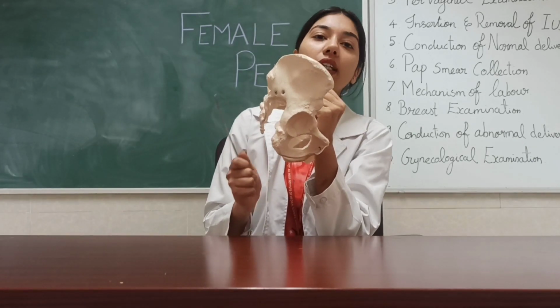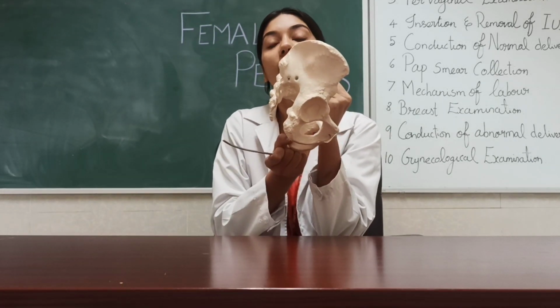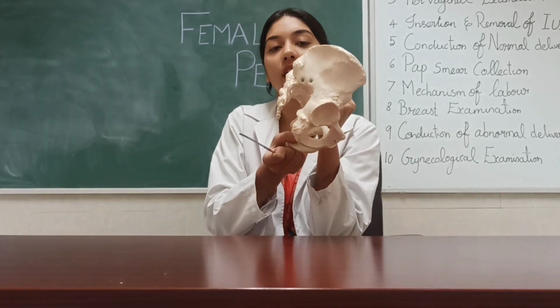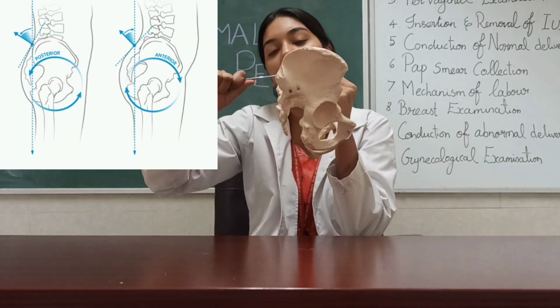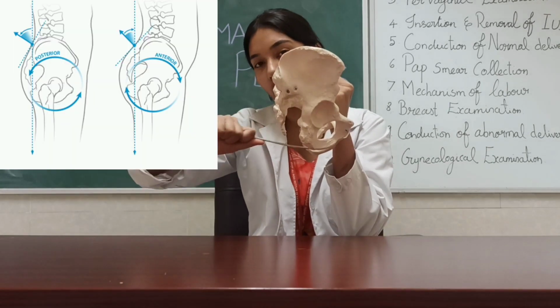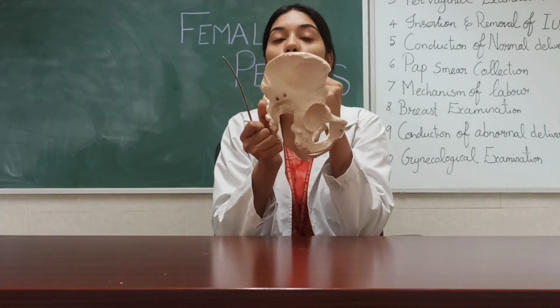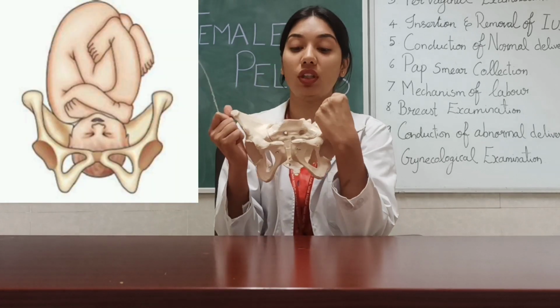So it has an obstetrical significance. Why am I telling you this? Because if the angle of inclination is high, what does that mean? The pelvis will be tilted like this, and if we make an angle from horizontal, it will be more than 55 degrees. So what will it favor? It will favor an occipital posterior position.